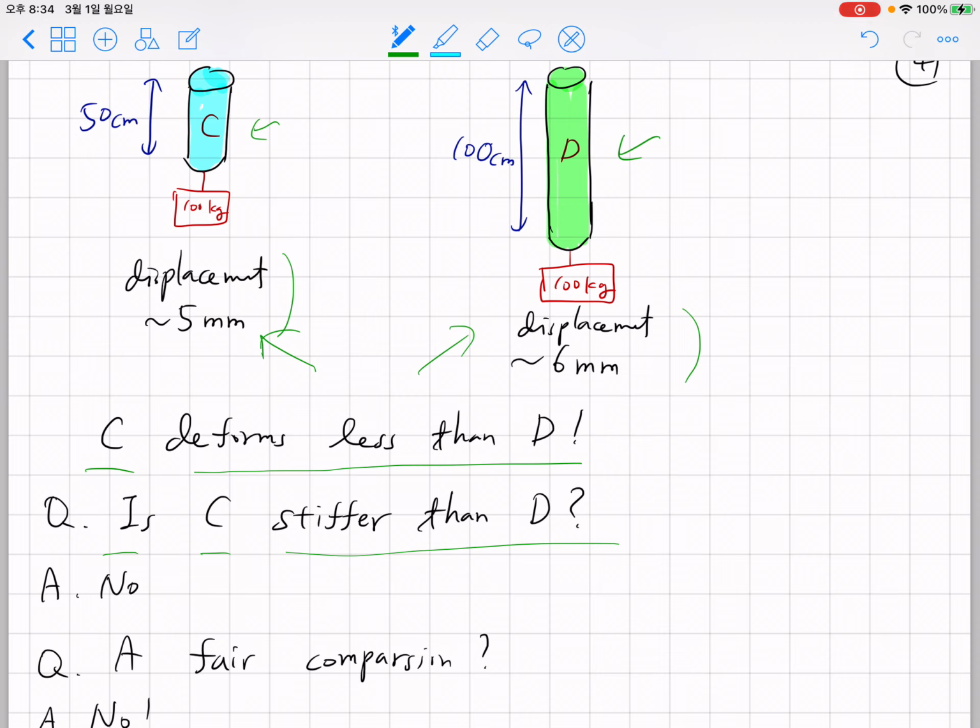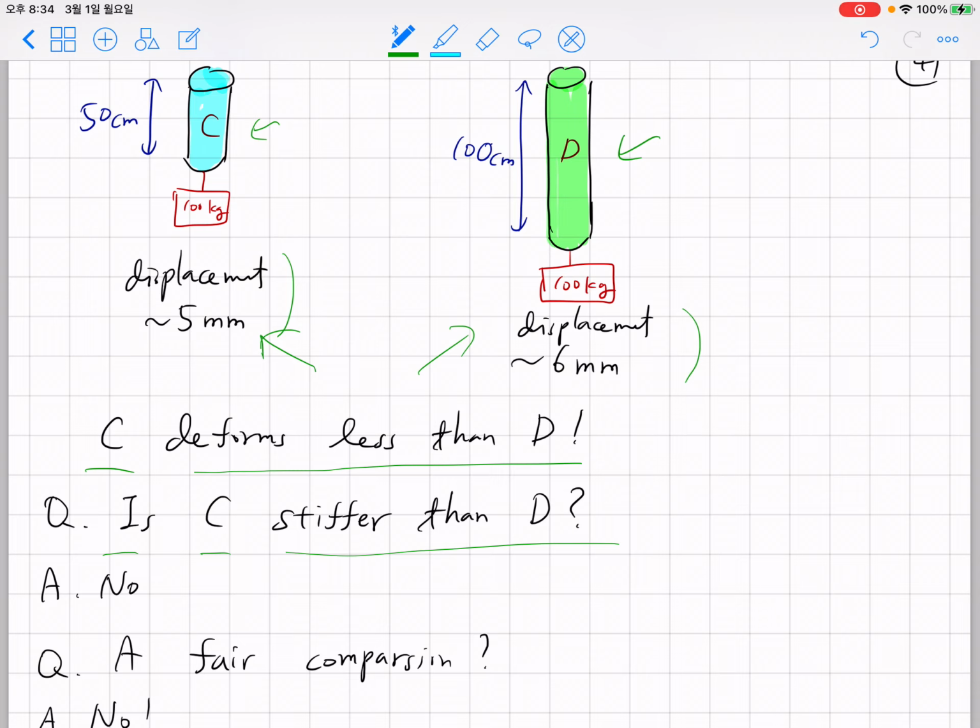If you compare steel and rubber, of course it's much harder to deform steel, and we call steel stiffer than rubber. So here the left one deforms less than the right one, so the cylinder itself will be stiffer than the cylinder on the right.